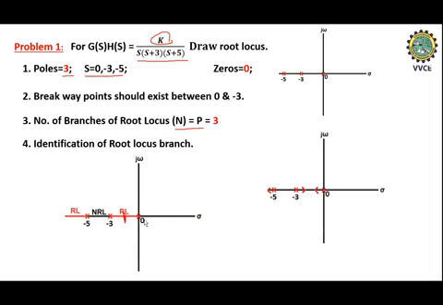Here we have only one pole, that is at 0. The 1 is an odd number. So if an odd number of zeros and poles are present to the right side of a random point on any branch, it is called a root locus branch.